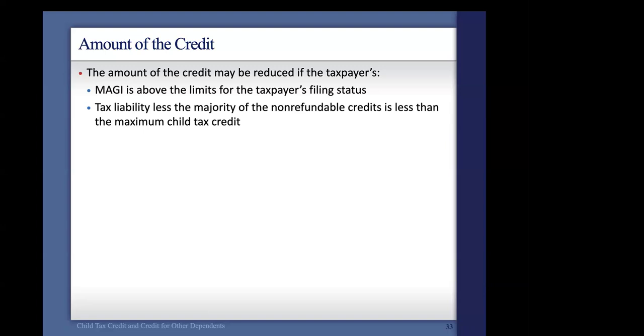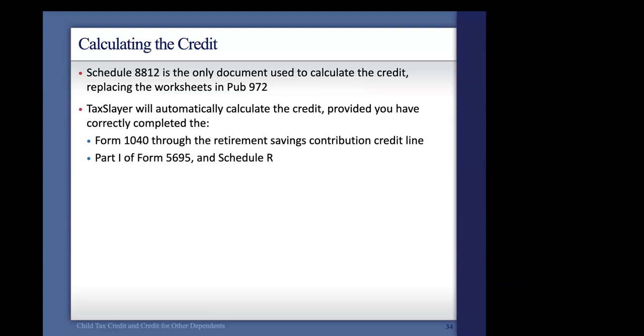Again, the tax software makes all these calculations based on your entries that you enter for the taxpayer up until you get to that point. Schedule 8812 is the only document used to calculate that credit. Again, TaxSlayer will automatically calculate the credit provided you have correctly completed the Form 1040 through the Retirement Savings Contribution Credit line or Part 1 of Form 5695 Schedule R.